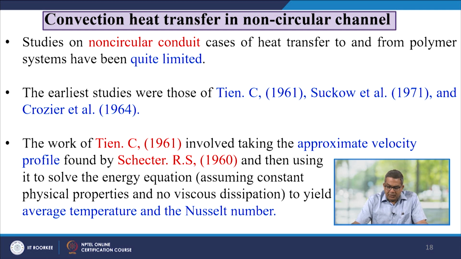Sukhov's team carried out the earlier studies, which involved taking an approximate velocity profile, found by Chichester, and then using it to solve the energy equation, assuming constant physical properties and no viscous dissipation, to yield the average temperature and the Nusselt number.